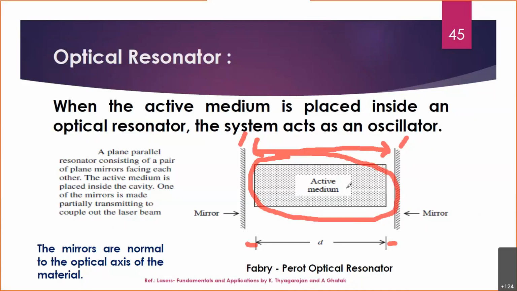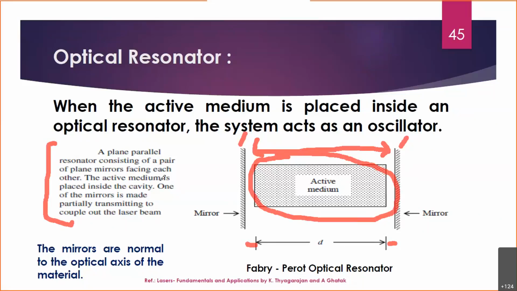Okay, this active medium. And the important thing is, you see what I have written over here, this setup is known as a plane parallel resonator. Why? Because there is a plane and these two mirrors are parallel to each other. You can see it in the image.